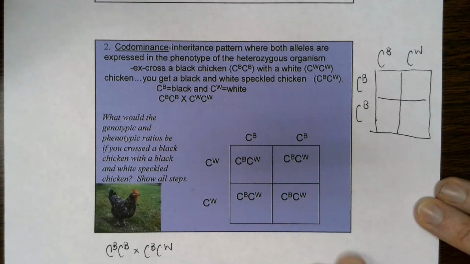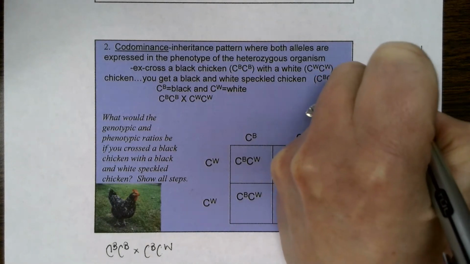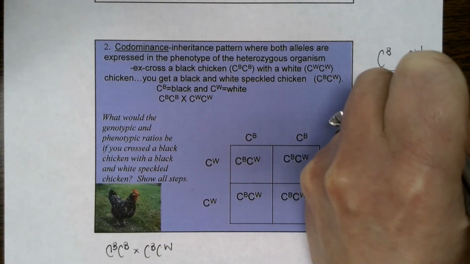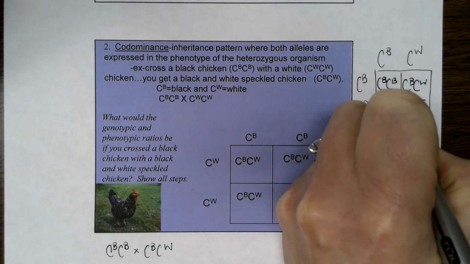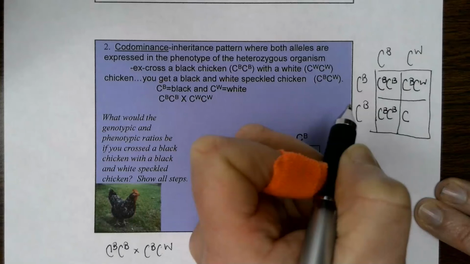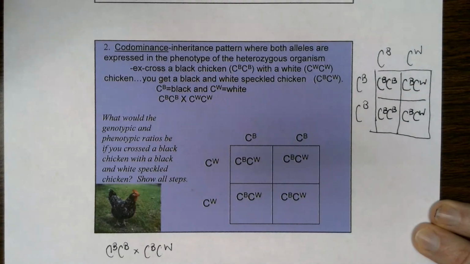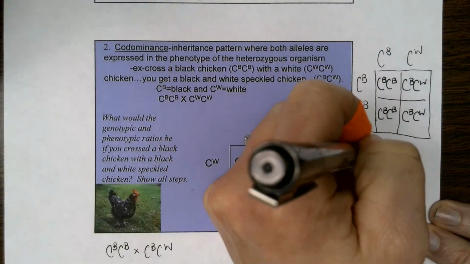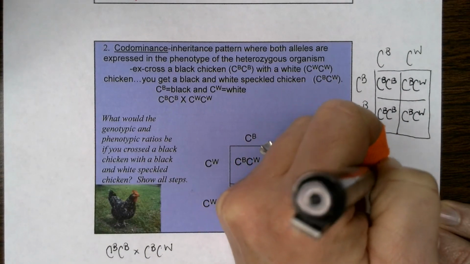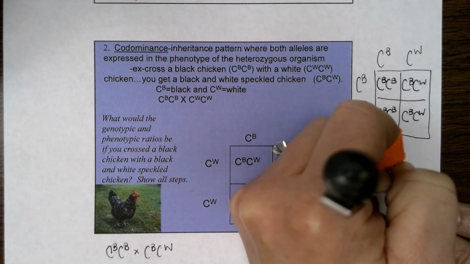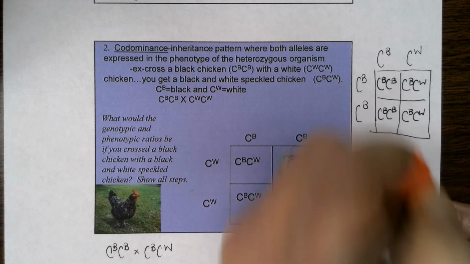Doesn't really matter. Okay. Here we would get C^B C^B. Here C^B C^W. Here C^B C^B. And here C^B C^W. So for the genotypic ratio, we get 2 that are homozygous for C^B to 2 that are heterozygous for C^B C^W.